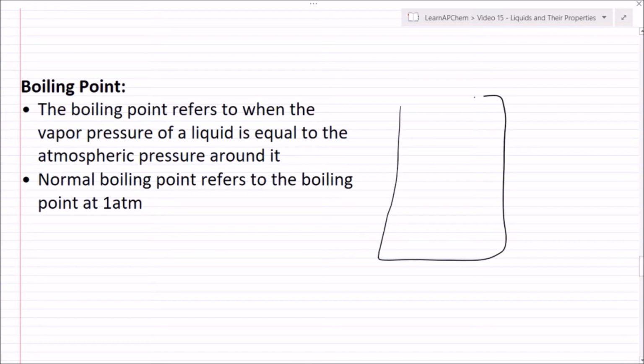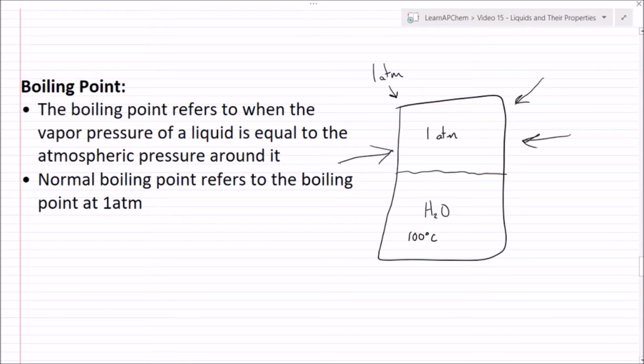So if we have water here, and this is at a temperature of 100 degrees Celsius, our vapor pressure here is going to equal the vapor pressure, or the actual pressure outside. And this is our boiling point.